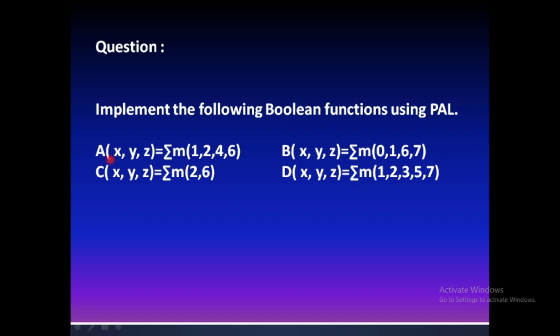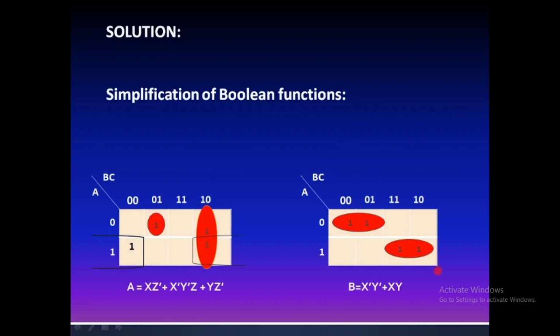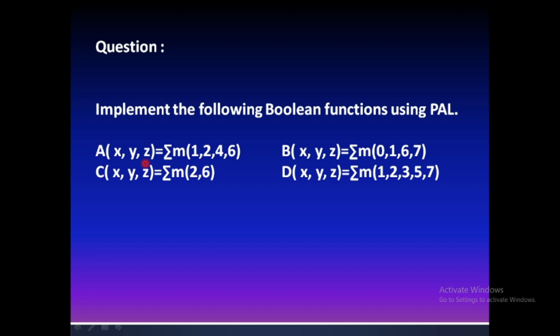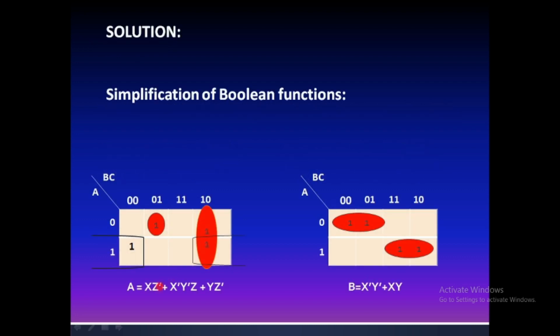Here we know that four functions are given with the minterms. So our first step is to simplify the given Boolean functions, of course, using our Karnaugh map. The first function A of x, y, z has the summation of minterms 1, 2, 4, 6. I have plotted this and I get two groups and one isolated group.